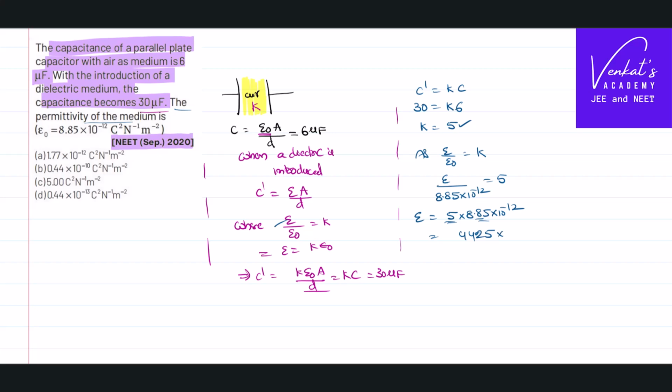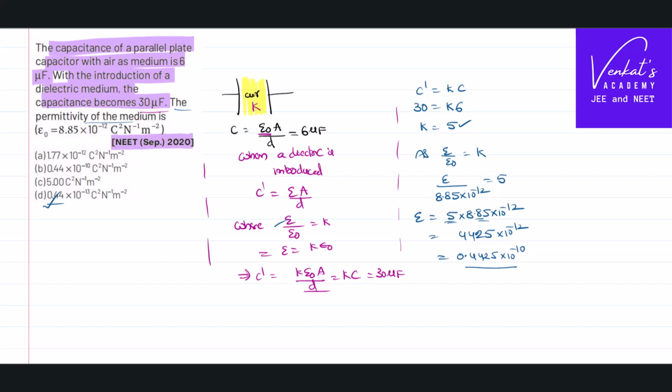So 44.25 into 10 power minus 12. If you look at the options, they are in 0.44 format. So 0.44 means you divide by 100 and multiply by another 100, and it becomes 10 power minus 10. So this is the answer.